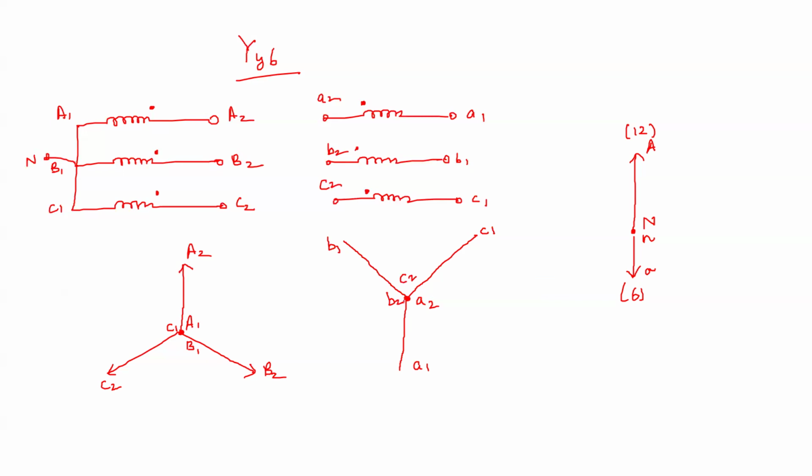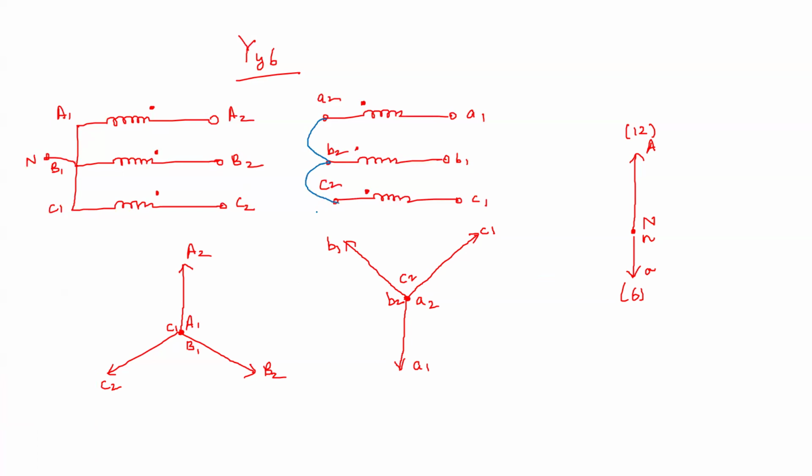Here also I have drawn B2 like this and B1 downwards. So you will see that automatically the diagram will tell you that you have to short this A2, B2, C2. So the diagram itself is telling you to short the A2, B2, C2.